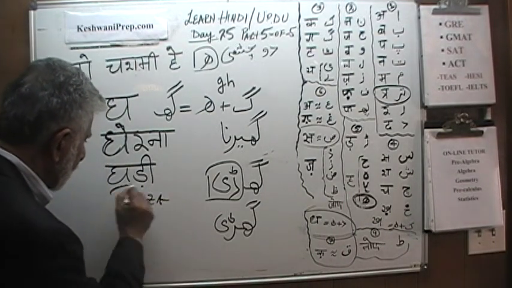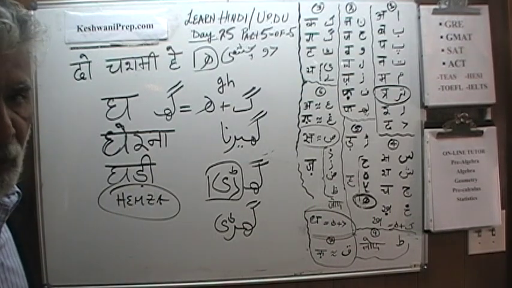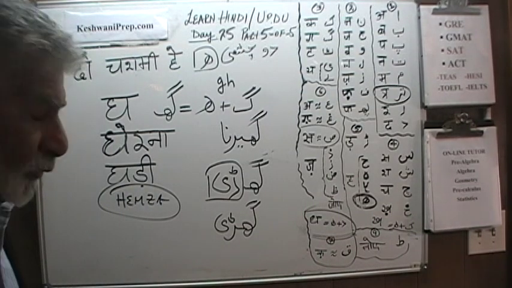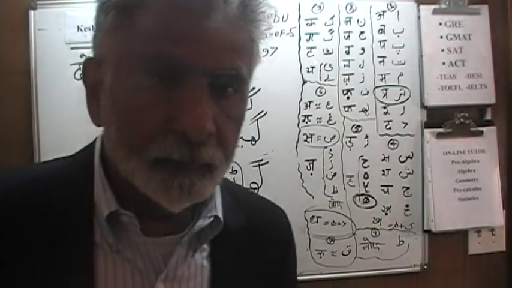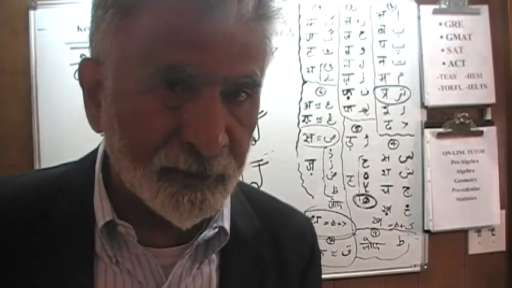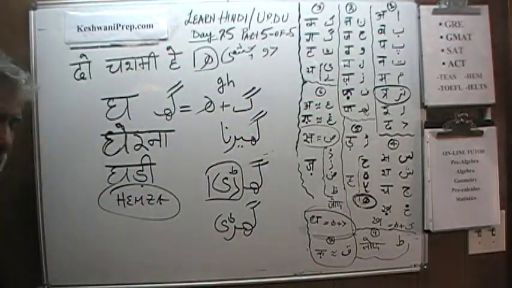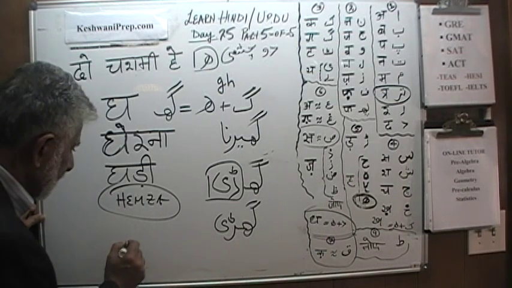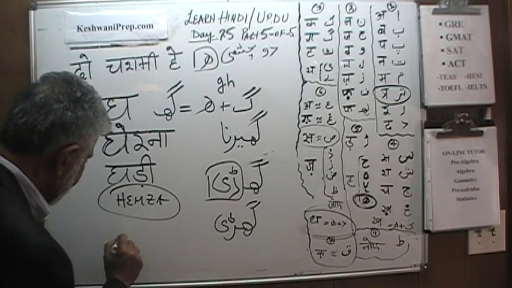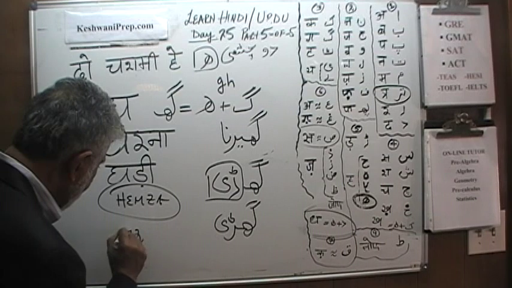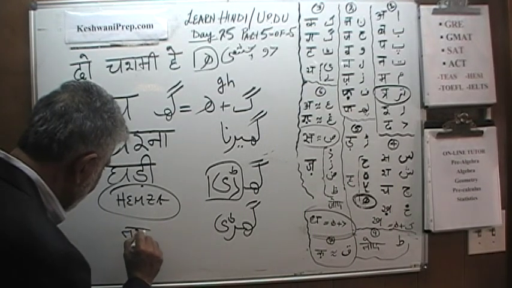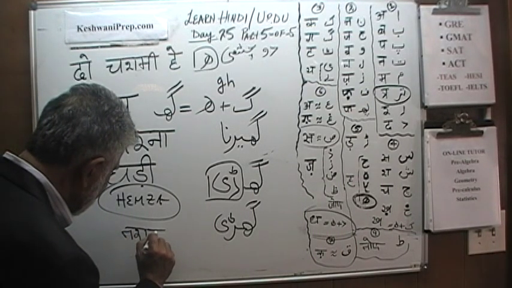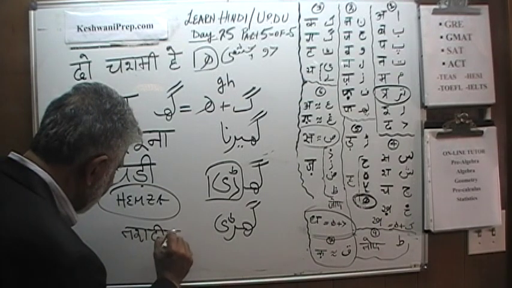In yesterday's video, we came across a word which required the use of Hamza. So we have to learn this concept. I'm going to make probably 2 videos with the words containing Hamza. And then we have to learn another concept called Tashdid.